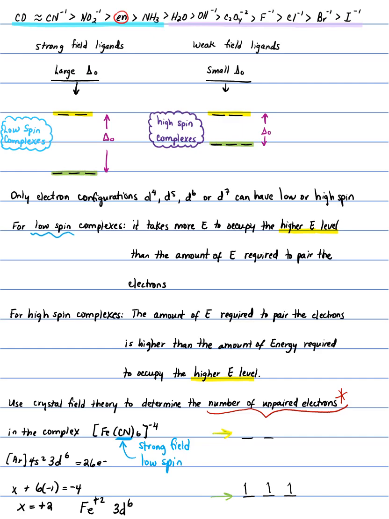That's low spin. So my 4th electron will actually go here, and the fifth and the sixth. If it's a low spin complex, you're going to use all of the three orbitals on the bottom part first before you can move to use the two orbitals above them.